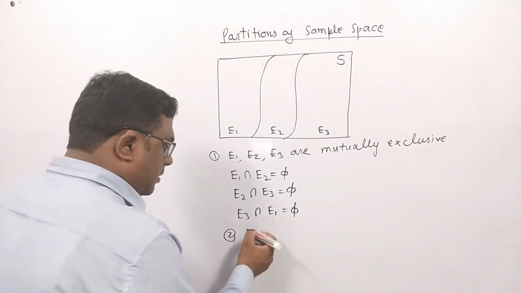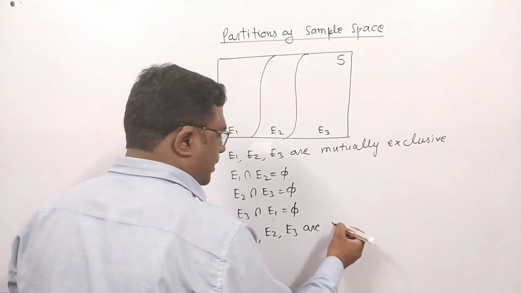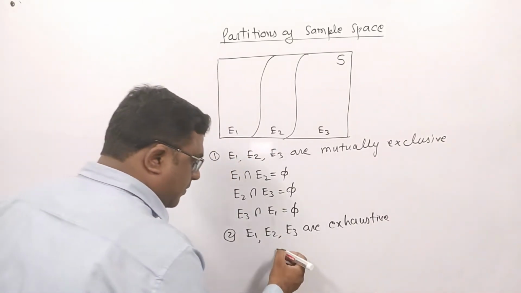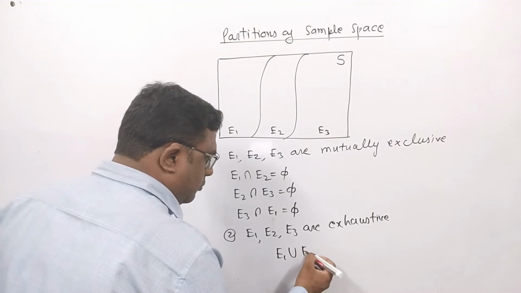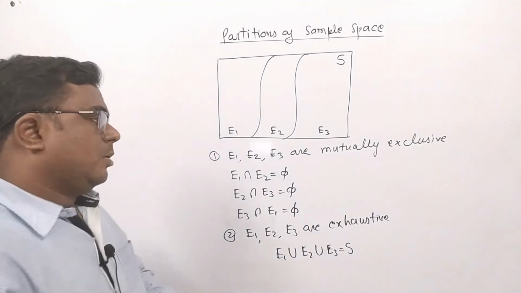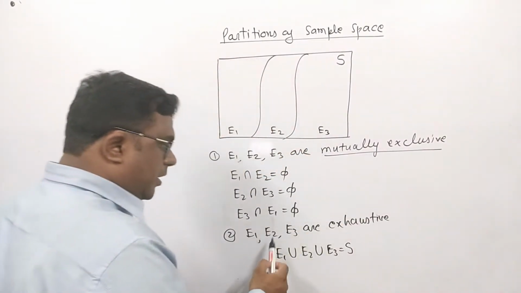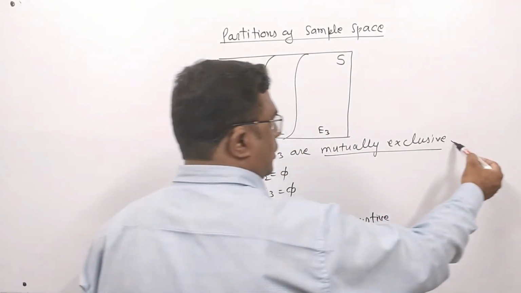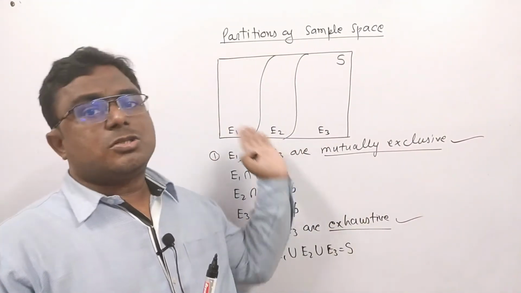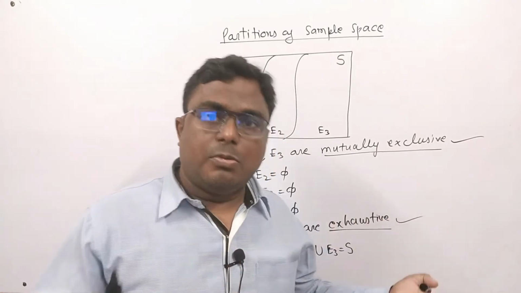And number 2, E1, E2, E3 are exhaustive. Now what is the meaning of exhaustive? Exhaustive means E1 union E2 union E3 is equal to sample space S. So if E1, E2, E3 are mutually exclusive and exhaustive, then we say that E1, E2, E3 are the partitions of this sample space. You can understand this concept by taking any number of partitions.